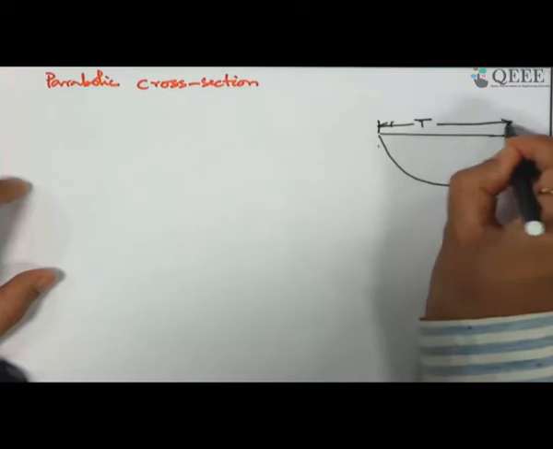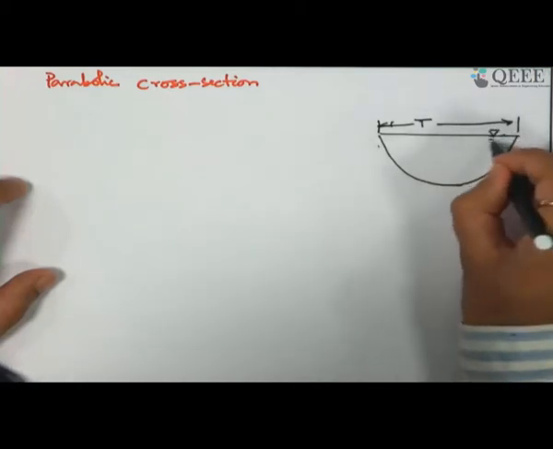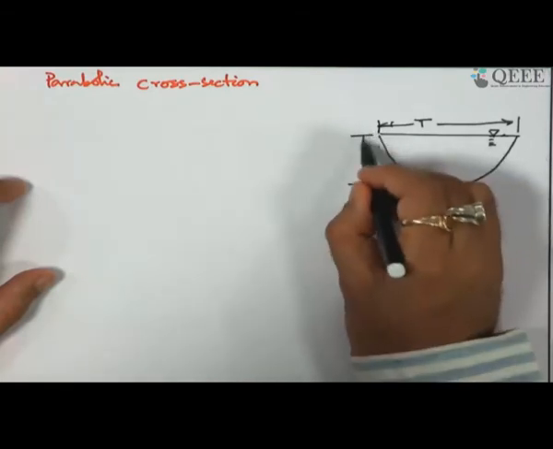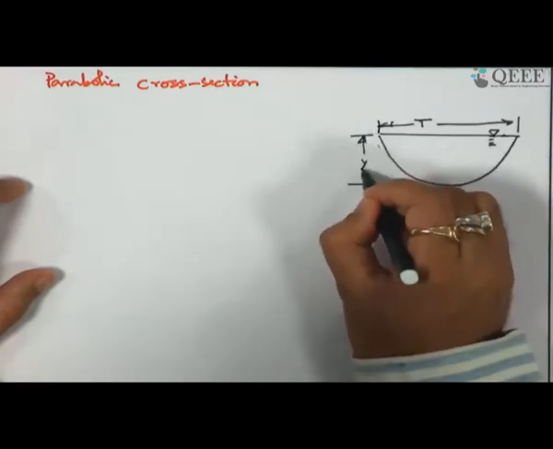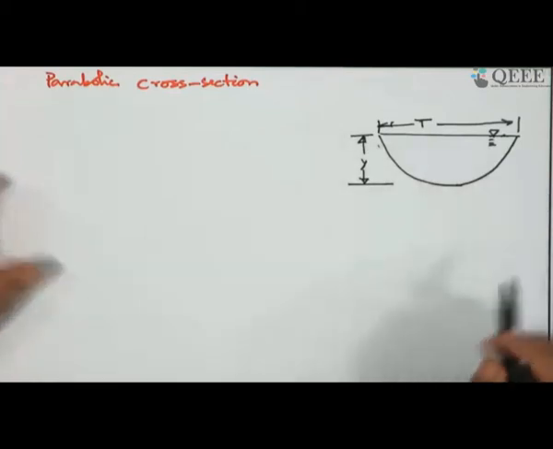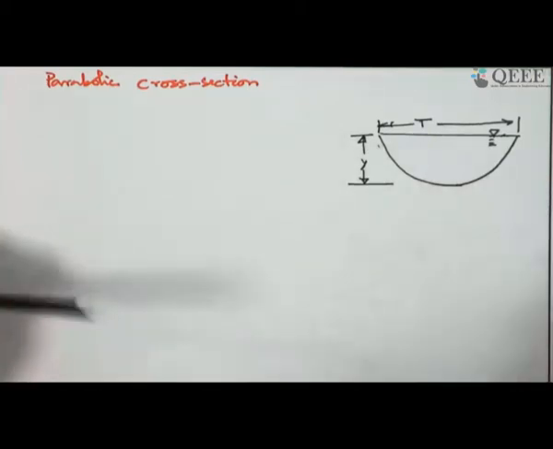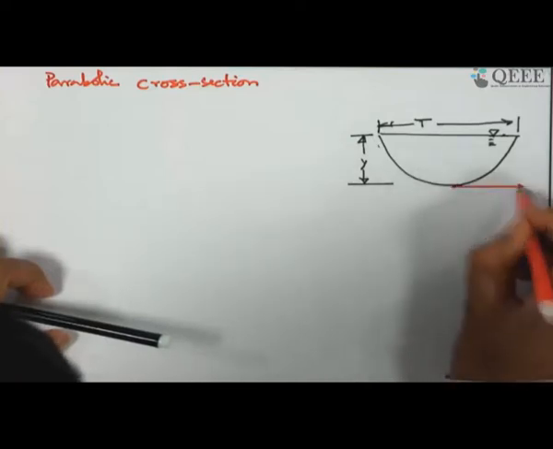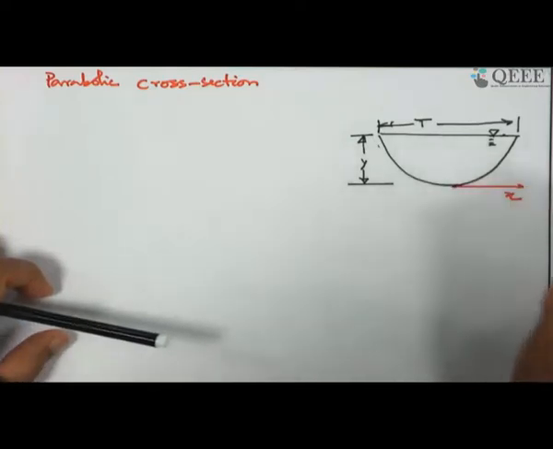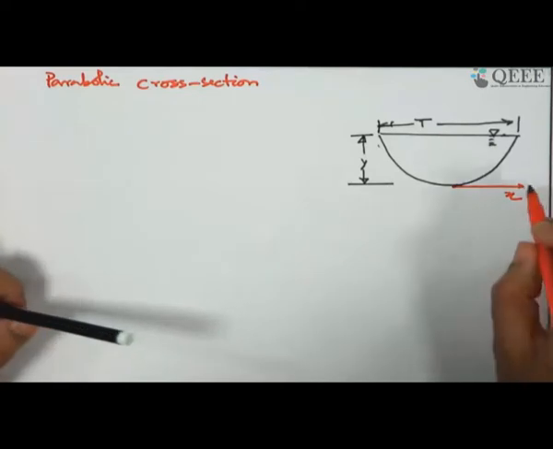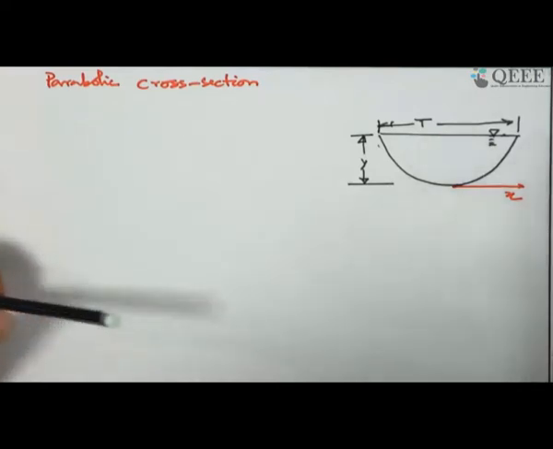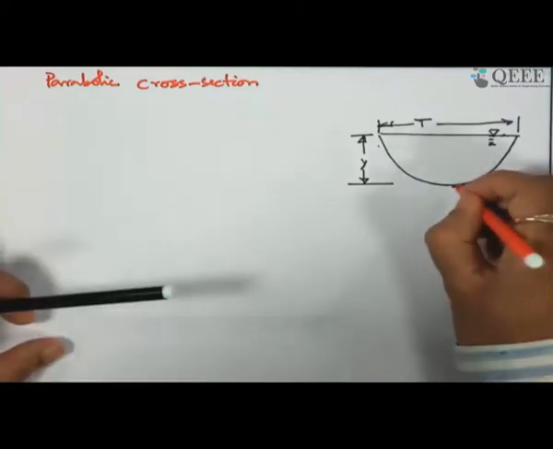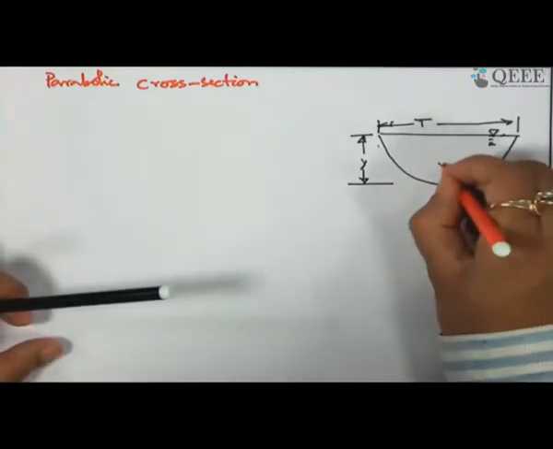T is the top width, and Y is the depth of flow. In this case, let us consider our coordinate system in the x direction, and this is, let us say, capital Y.